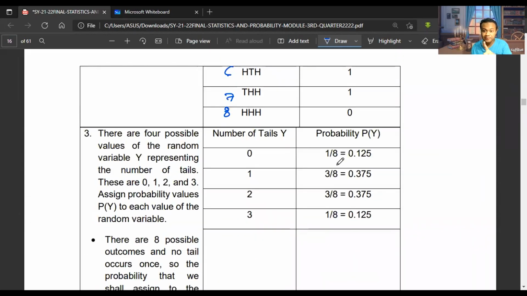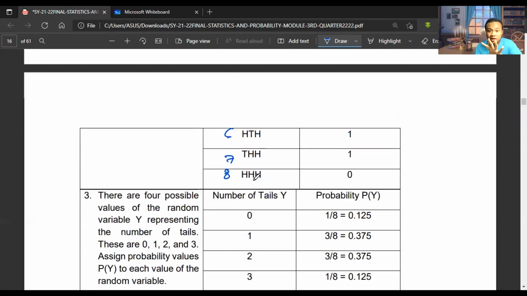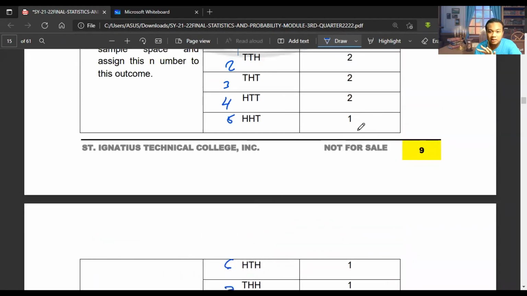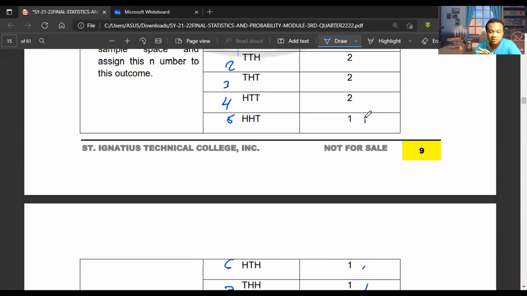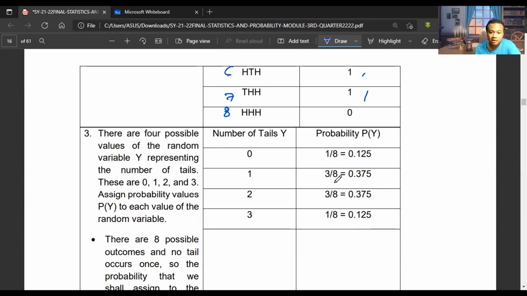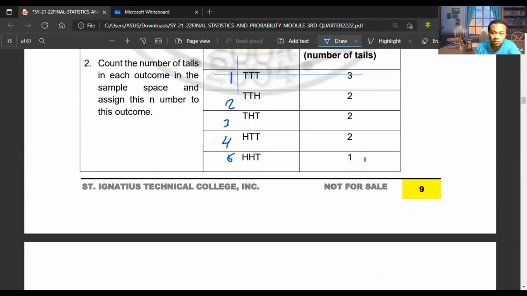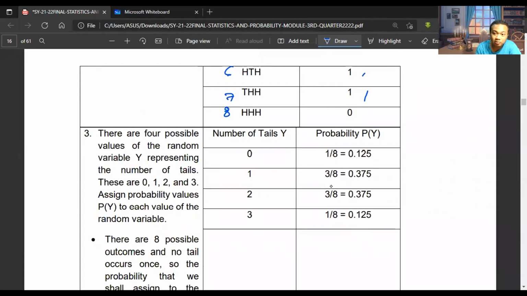Only once, so we put 1 over 8, which is 0.125 in decimal. For 1, how many times does it appear? Three times: 1, 2, 3. And for number 2, also 1, 2, 3. So our probability is 3/8.